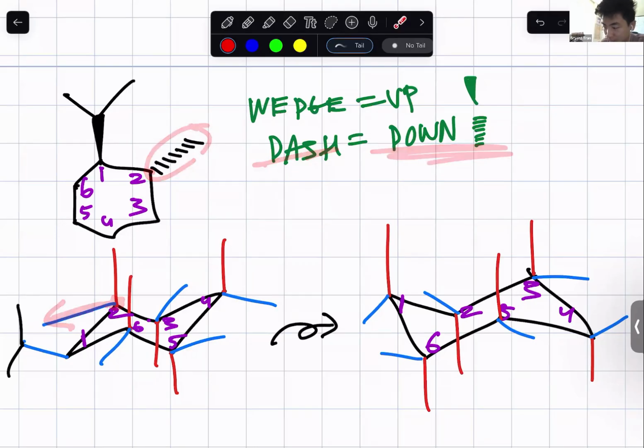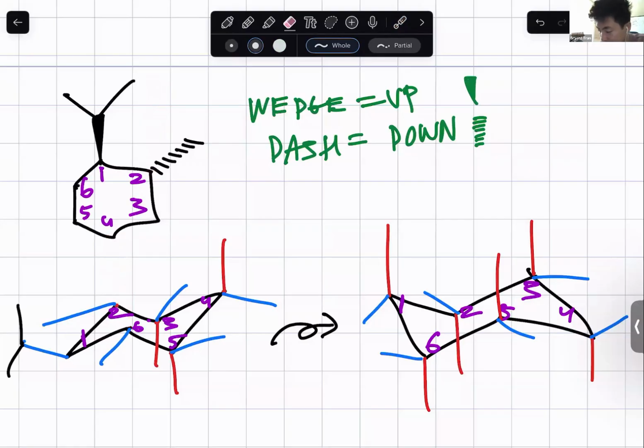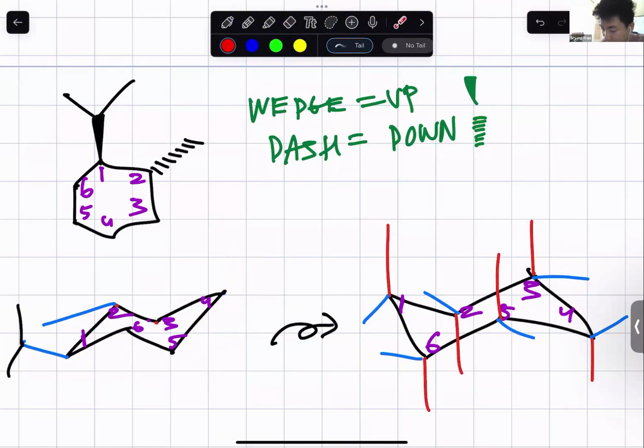So that's why there is an invisible hydrogen that is a wedge on carbon 2, which is going up. We can erase that because we know it's there. Everything else we can erase because every other bond is attached to hydrogen, right? So we see an isopropyl group here on 1 that is equatorial, and a methyl group here on 2, which is also equatorial, right? Okay.